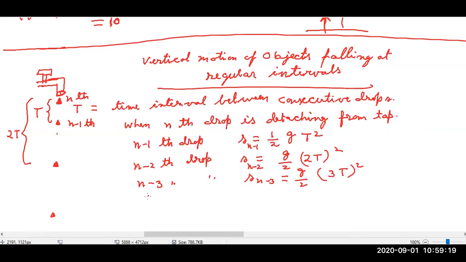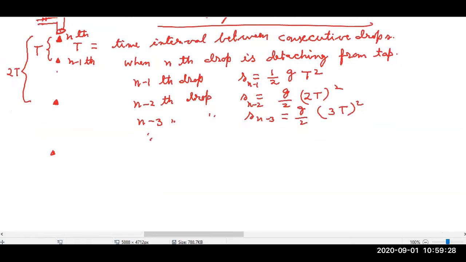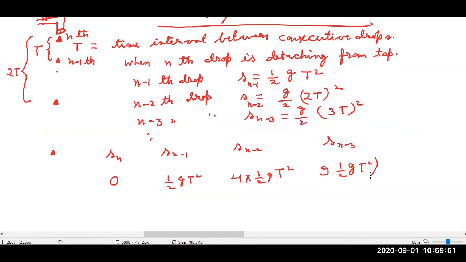Like this we can keep on writing, and you can see that the positions of the drops are: Sn is 0, Sn minus 1 is half gt square, Sn minus 2 is 4 times half gt square, Sn minus 3 is 9 times half gt square, Sn minus 4 is 16 times half gt square. Like that it will keep on going.